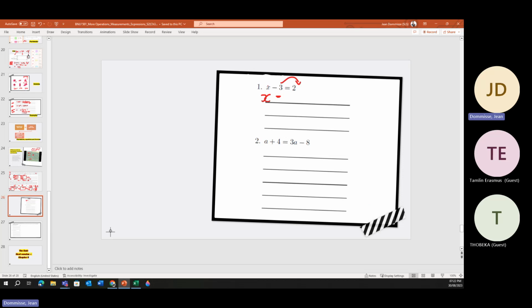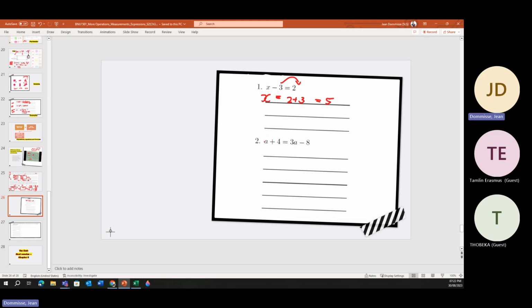To get rid of it, I need to add 3 on both sides, then that will disappear, but then on this side it is 2 plus 3, which will give me x equal to 5. Okay, so that is an equation that we can be asked to solve.